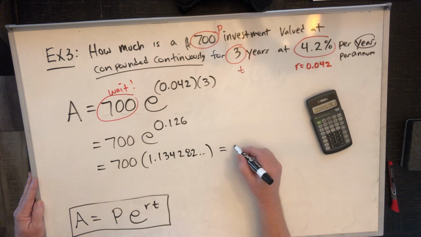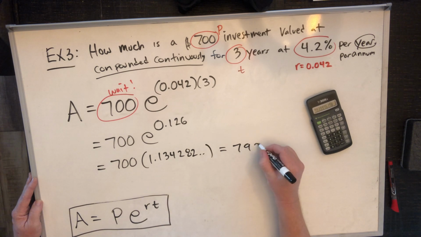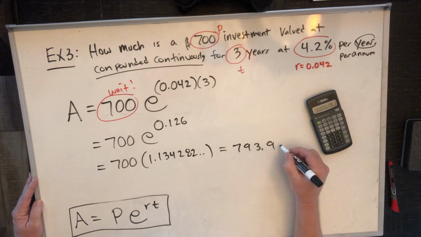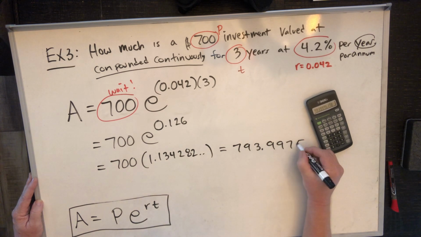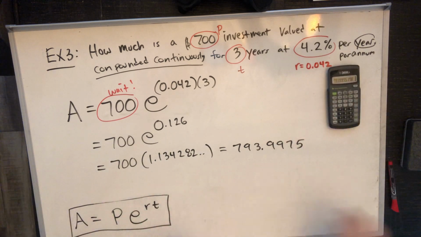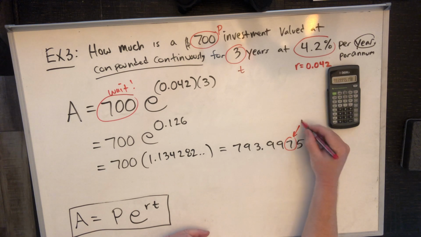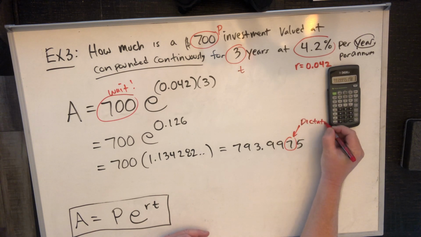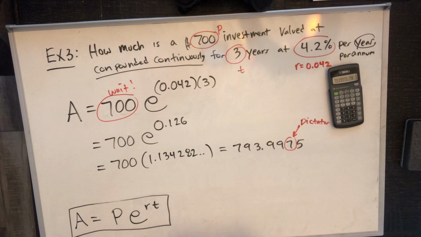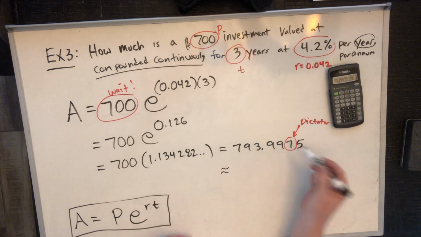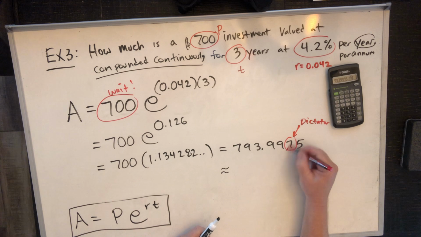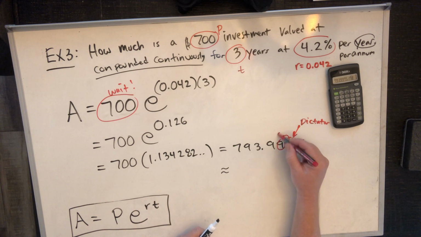And now you have $793.9975. You get a lot of sevens. So that determines the value. This is a strange one. So the 7 is going to round the 9 to a 10.